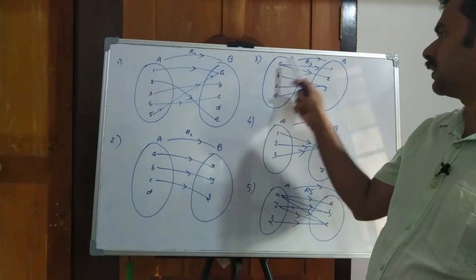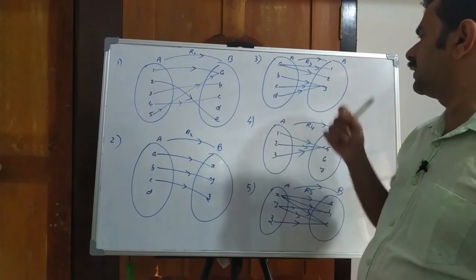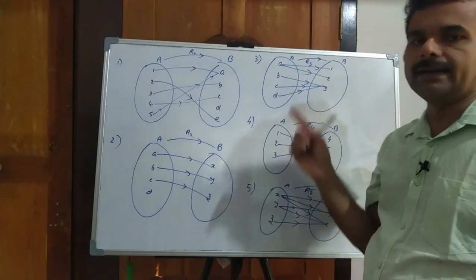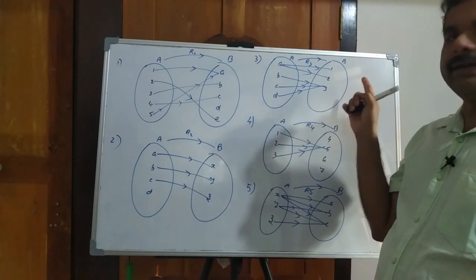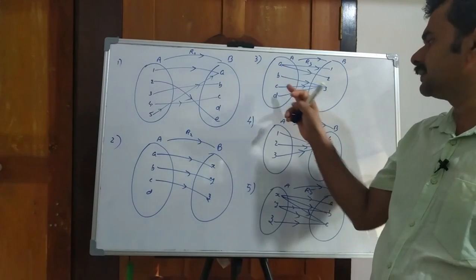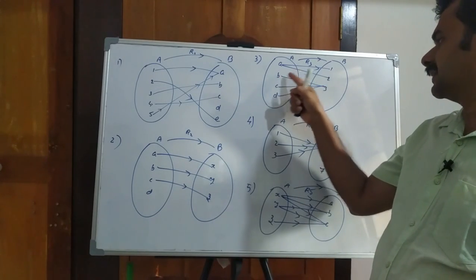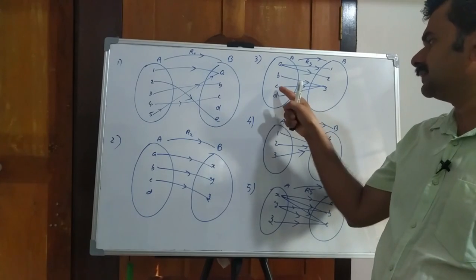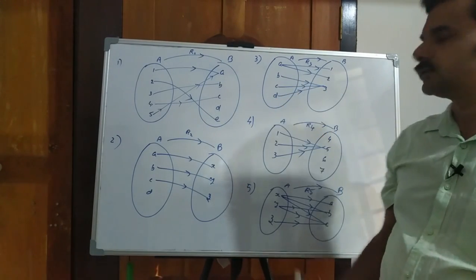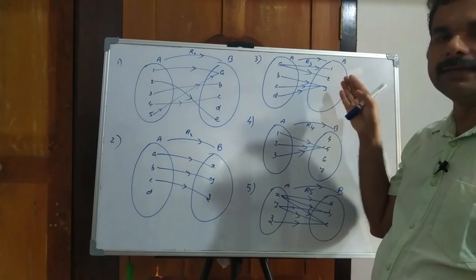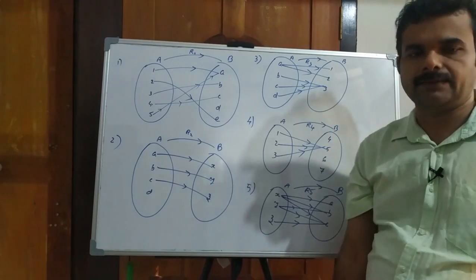Images of A are 1 and 2. 1 is image of A, 2 is also an image of A. 3 is the image for B, C and D. B is connected with the element 3, C is also connected with 3 and D is also connected with 3. So the number 3 is image for B, C and D.